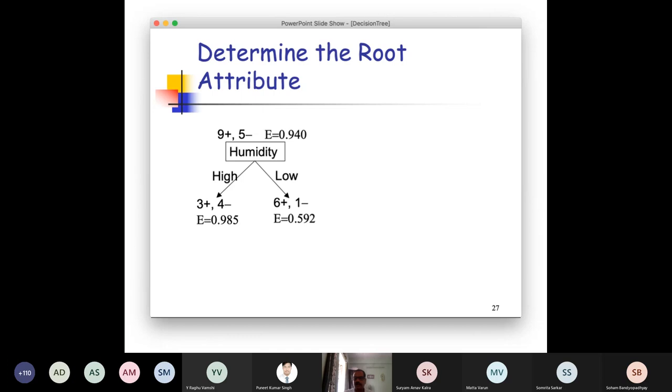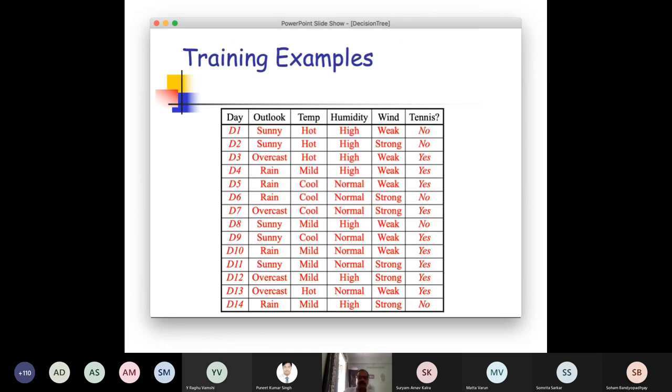Humidity has two values, high or low. If you look at this table, it is normal, so low is not there. That was an error in my labeling of that branch. It has two values, high or normal.